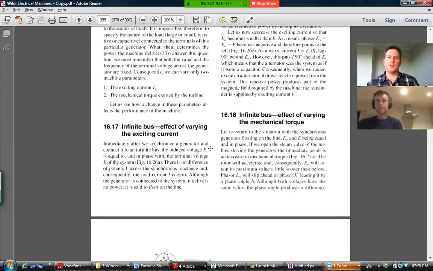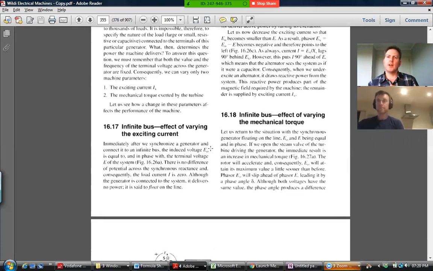And it can result in reactive power being transferred either to the grid or from the grid. So the generator will see the grid as an inductive load if it's delivering reactive power, that's the way we'd normally term it.